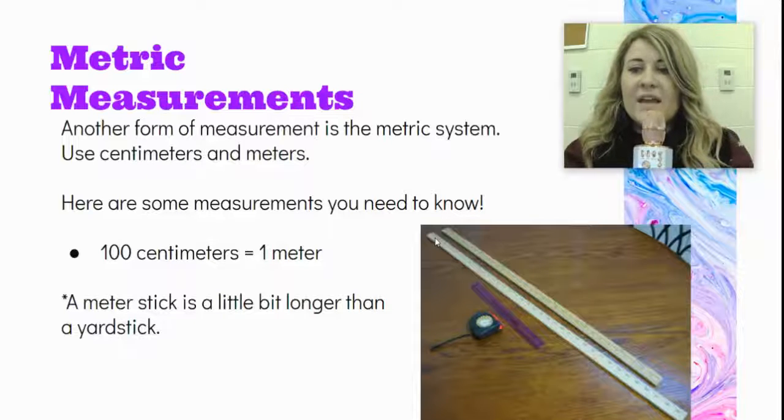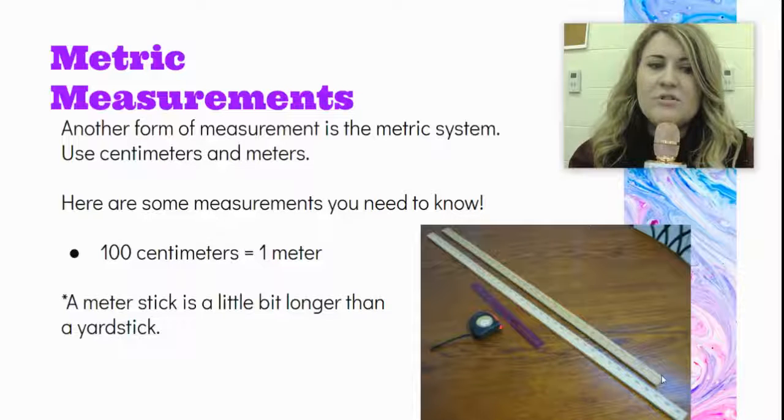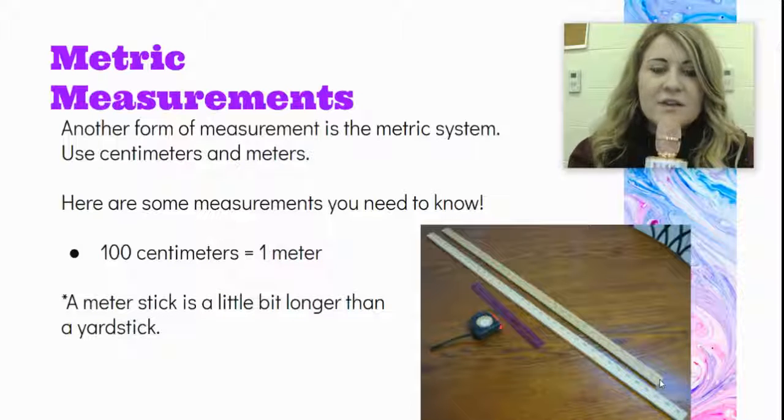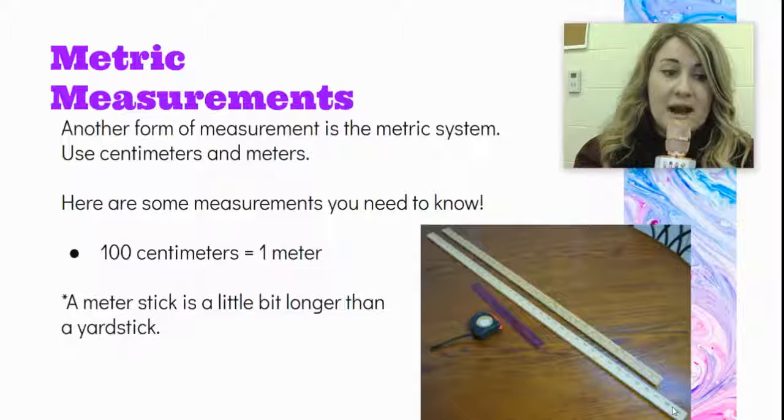So we can look at this meter stick and kind of look at how it's similar to our yardstick. We have centimeters, 100 of them equal a meter, and this meter stick is about 3 inches longer than our yardstick. So meters are actually even longer than our yardstick.